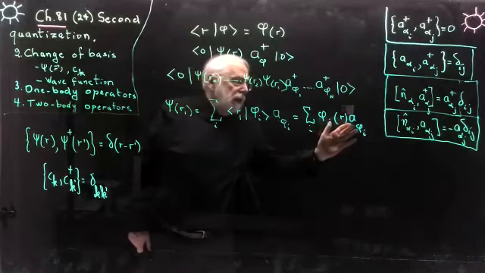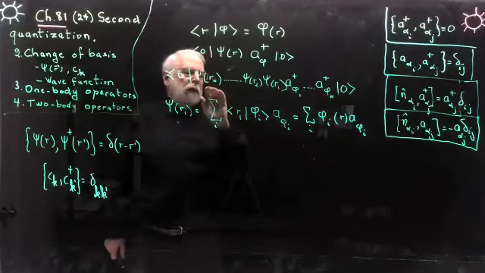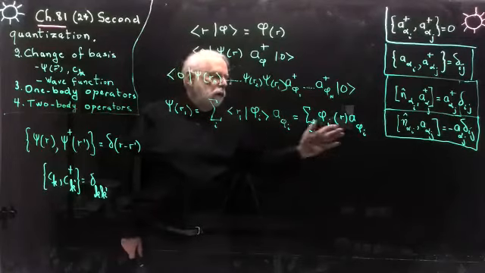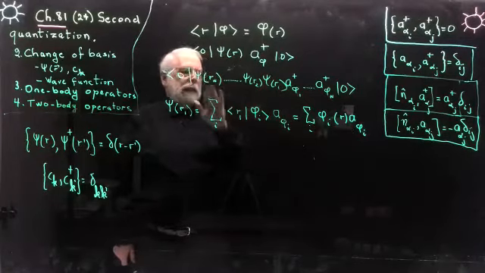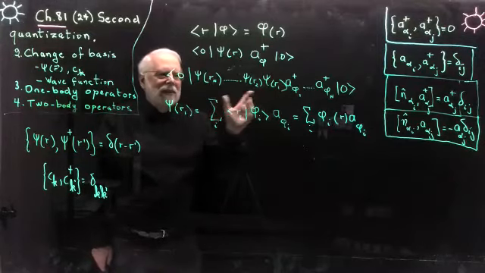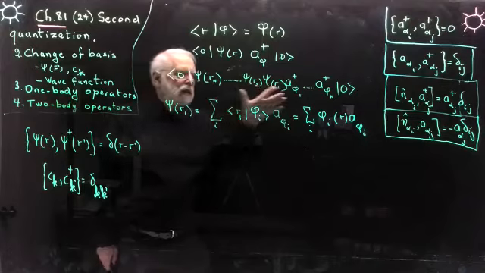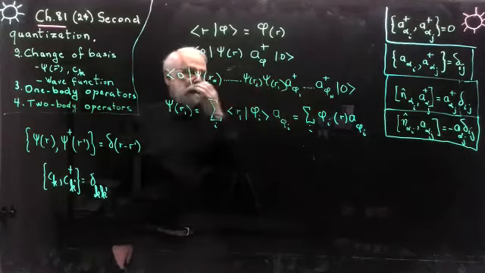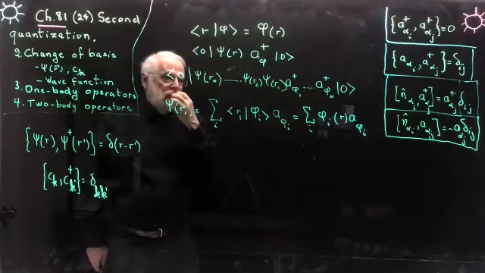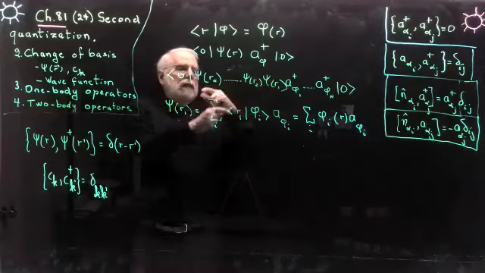So the only terms that will survive are those where the labels are the same, but they don't need to be in the same order. As long as the labels here are the same as the labels there, I get non-zero. So there will be many terms, all those that correspond to permutations of this.